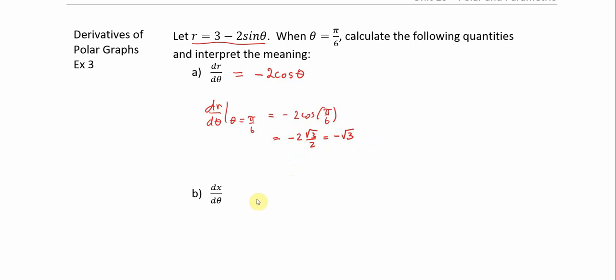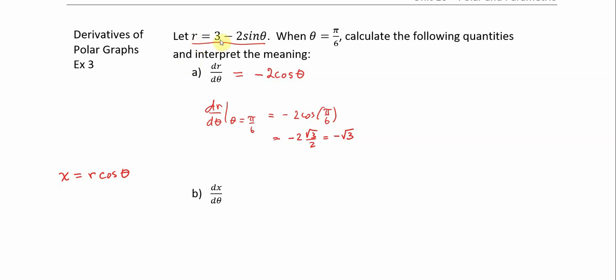Let's practice a little bit more of the algebraic work behind this. dx d theta. Now we have to convert r and theta into terms of x and theta. If you remember, how are x and theta related? Well, x is equal to r cosine of theta.